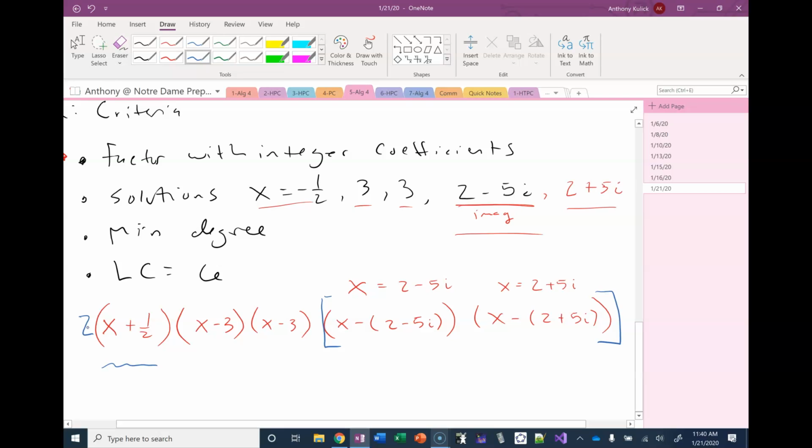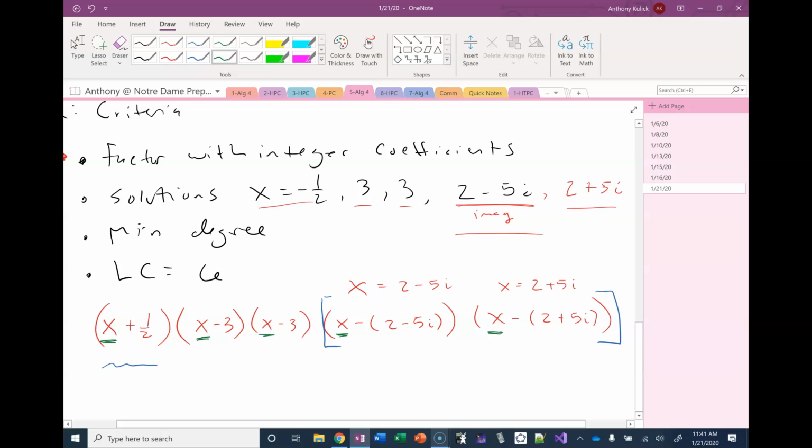The fourth criteria says we want a leading coefficient of 6. If I look at this right now, what will my leading coefficient be? It'll be 1, right? Because the leading coefficient is just going to be what I get when I multiply all of these x's together.